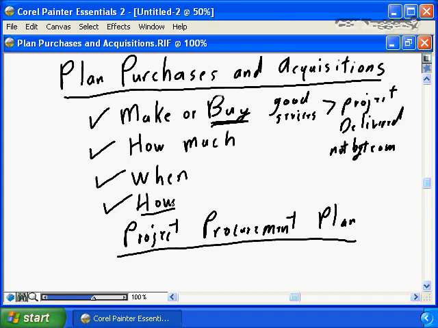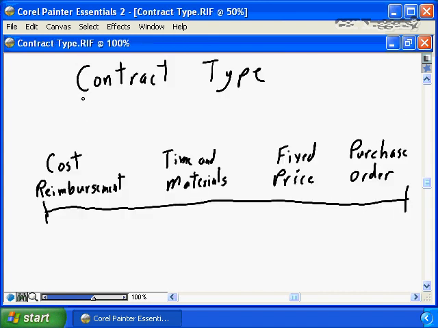The project procurement plan will then be passed to the project acceptor or the project sponsor for agreement, for approval that the funds required for the purchase process are available to the project, and that the project is best served by buying these goods and services as opposed to making them internal to the project.